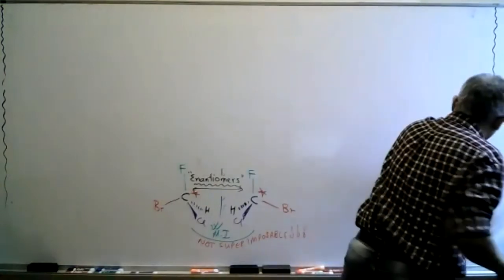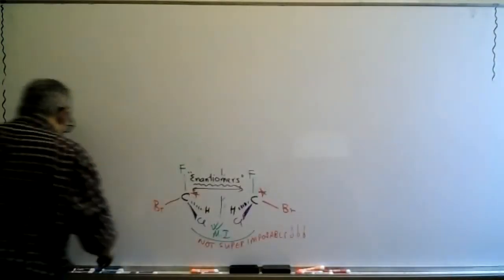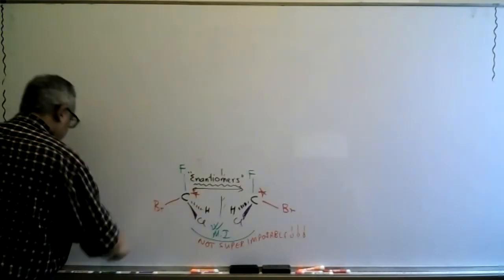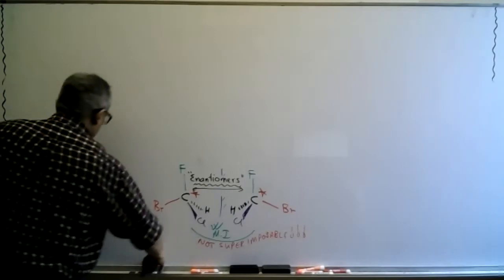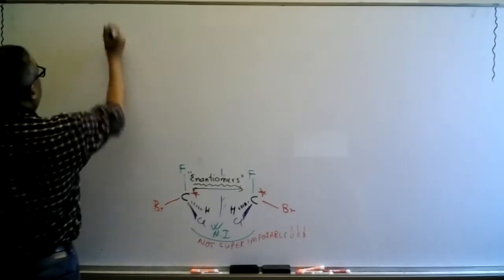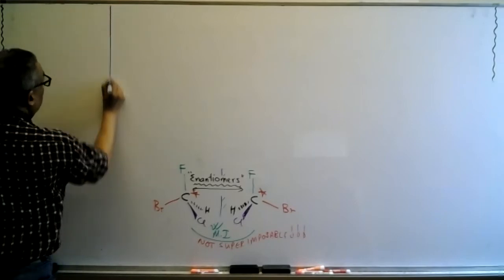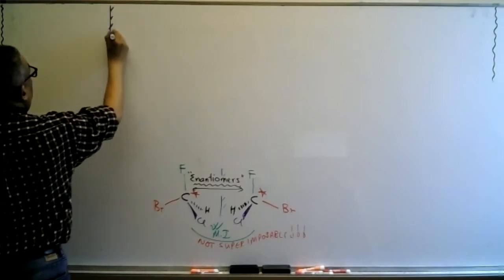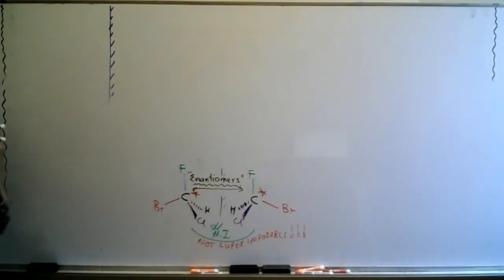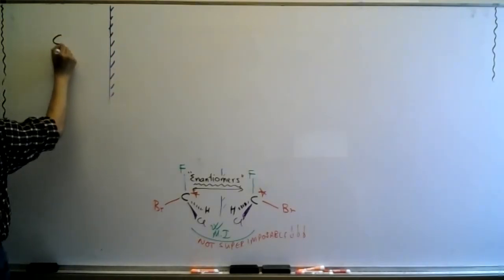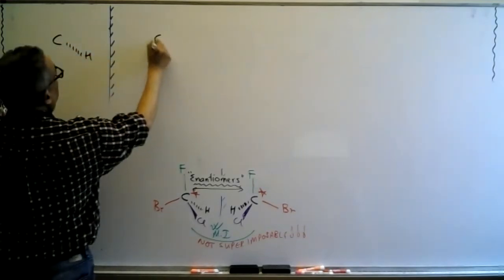Okay, so let's redraw this molecule and I'll erase it again. Erase it from down here. Okay, so let's draw a smaller mirror this time. That's the mirror. And let's draw this guy. Hydrogen.